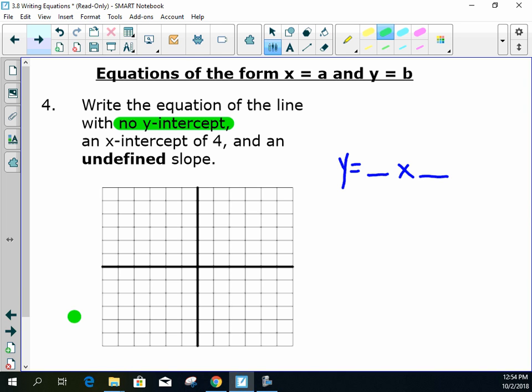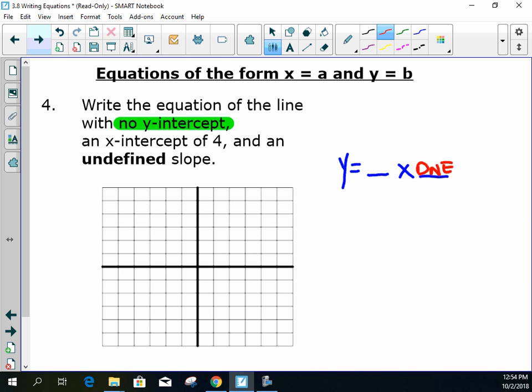I don't write 0. A y-intercept of 0 is right here at the origin. So I do not write 0 when it says it has no y-intercept. I write no or does not exist. And its slope is undefined.